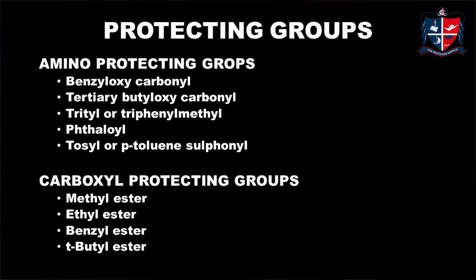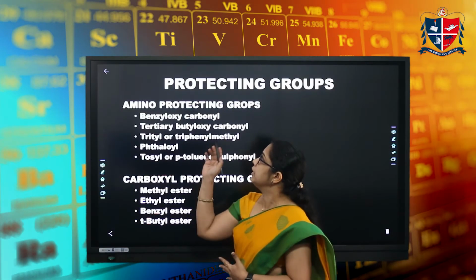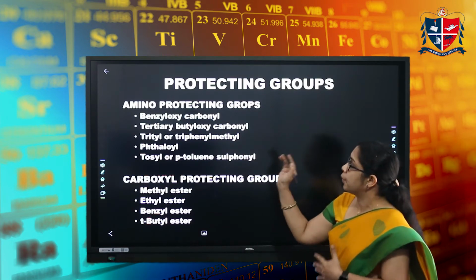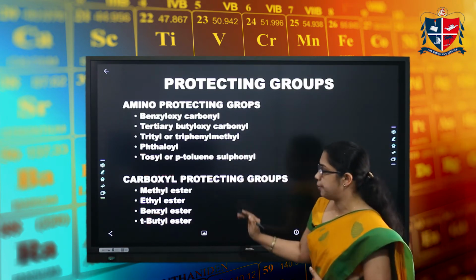Which are the different groups used for protecting the amino group or carboxyl group?